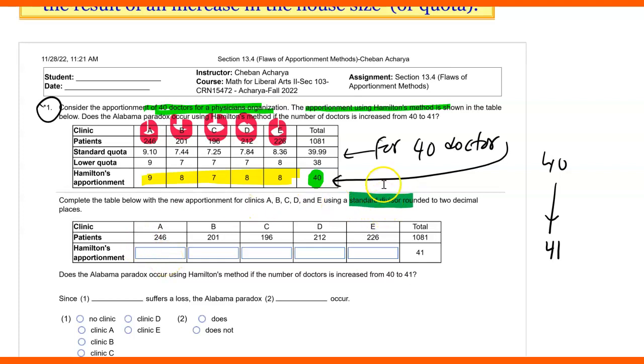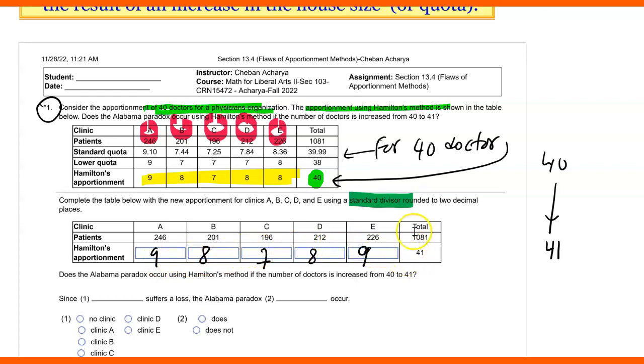By using the standard divisor, the 41 doctors are apportioned this way: A clinic has 9 doctors, B clinic has 8, C clinic has 7, D clinic has 8, E clinic has 9. If you add 9 plus 8 plus 7 plus 8 plus 9, the total is 41 doctors.